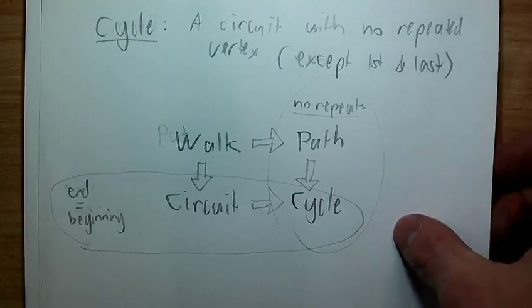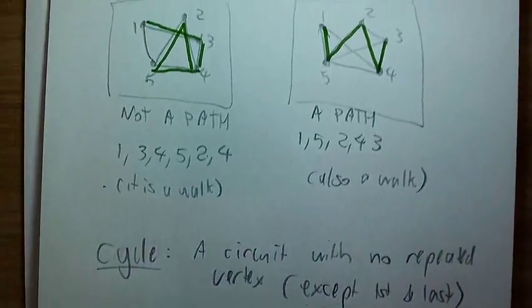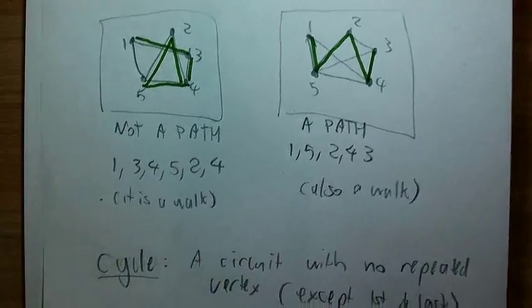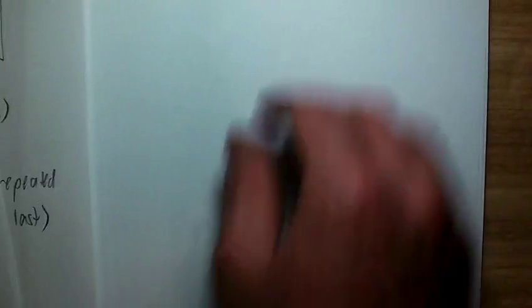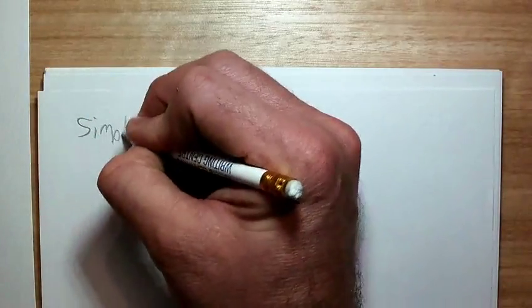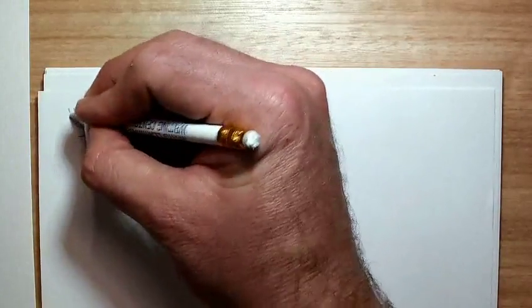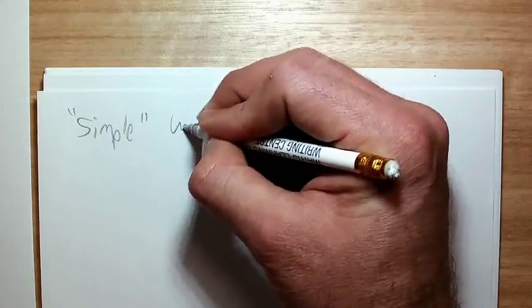So a simple walk is one where, a simple walk, no edge is there twice, but the vertices are allowed to be there twice.